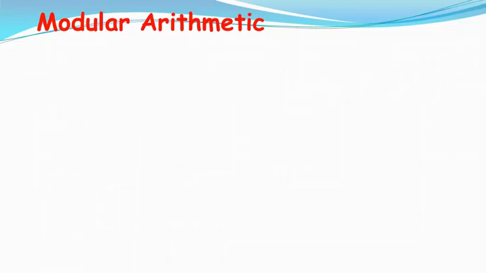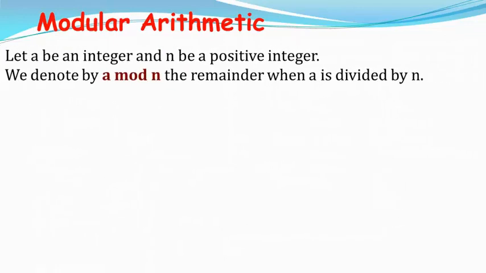Next point is modular arithmetic. Let a be an integer and n be a positive integer. We denote a mod n as the remainder when a is divided by n. So a mod n is the remainder when a is divided by the positive integer n. Examples: 9 mod 4.